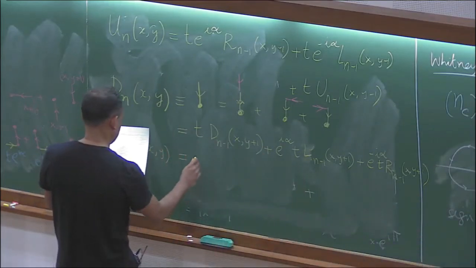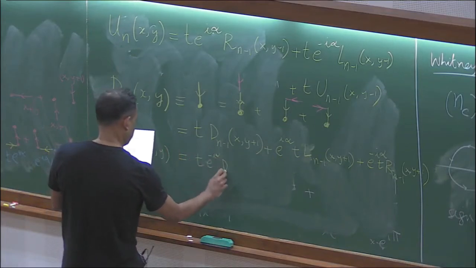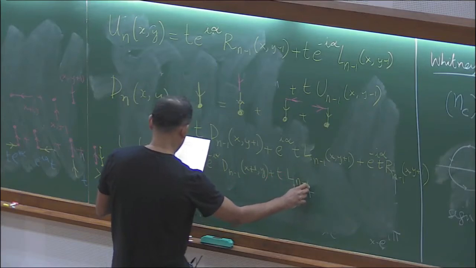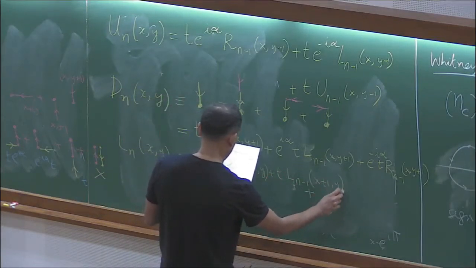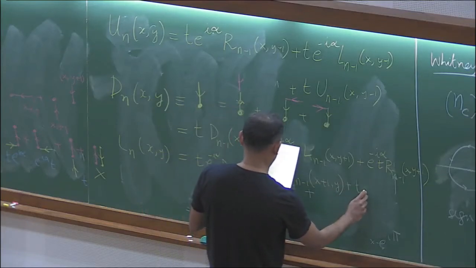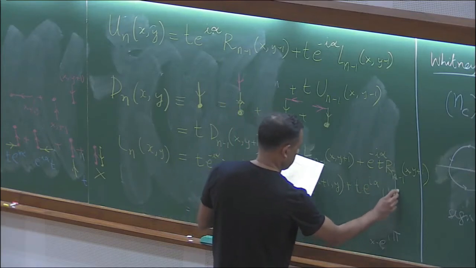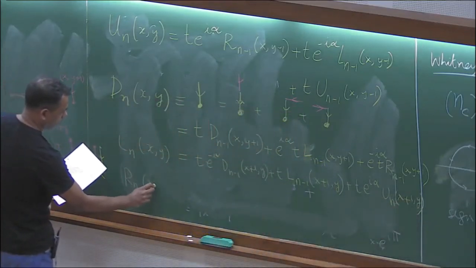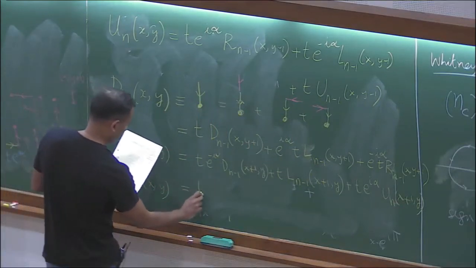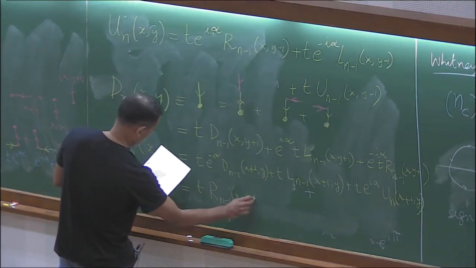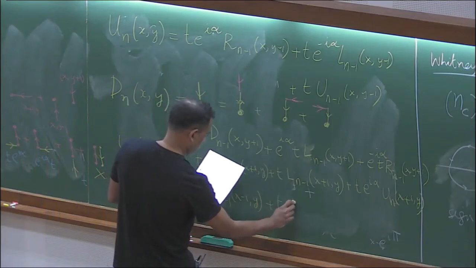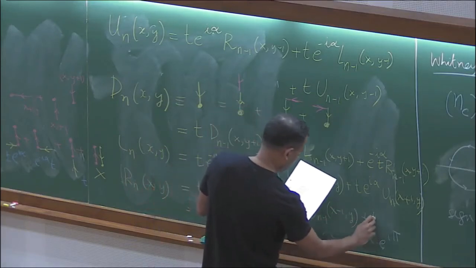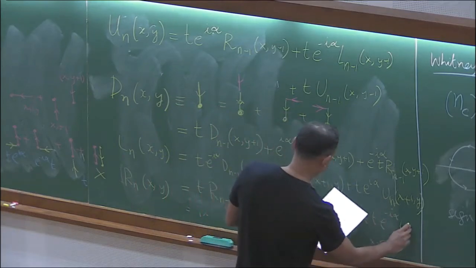Is T... and one more, which is Rn of x. I think I have done correctly, but you have to check that this is right.